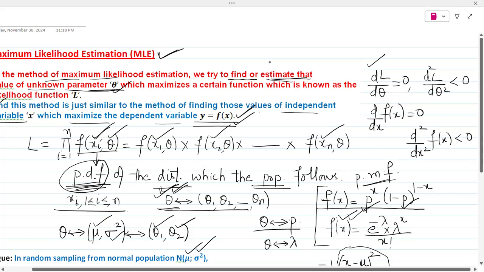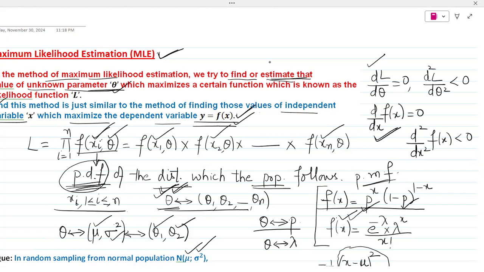The first equation gives us the stationary points, those values of the independent variable x which possibly maximize or minimize f(x). We also call them critical points.